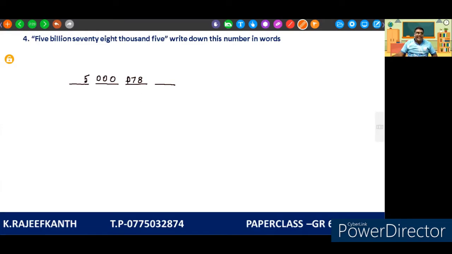So then 078. Then 5. In the unit period or unit zone, there is only 5. So we know that in each period, we have to write 3 digits. So here we can't write 5 only. So we have to write that 005.